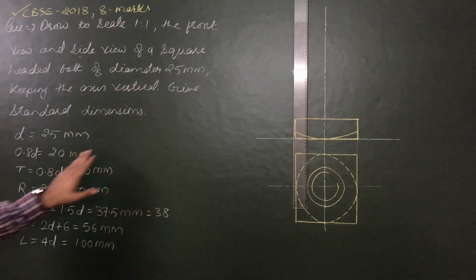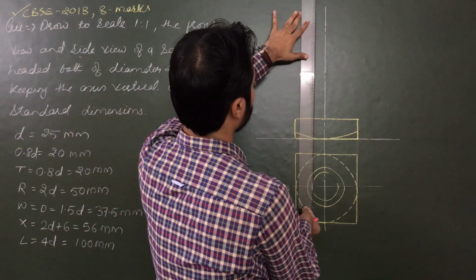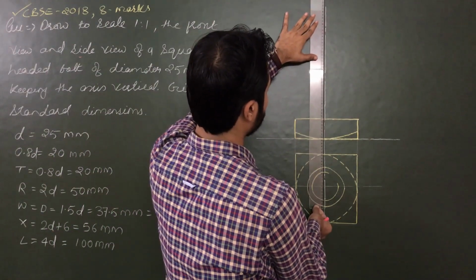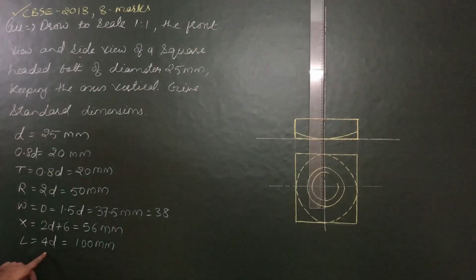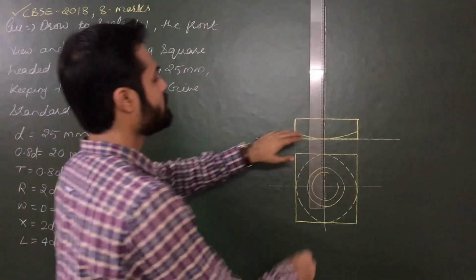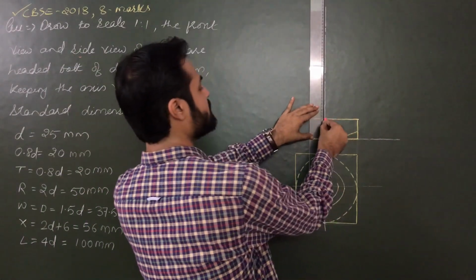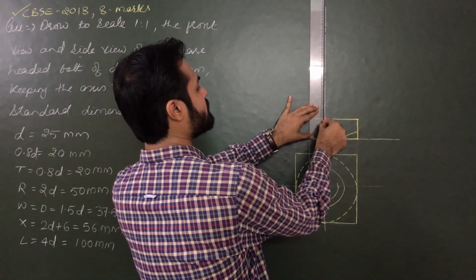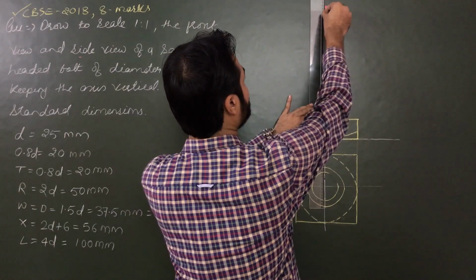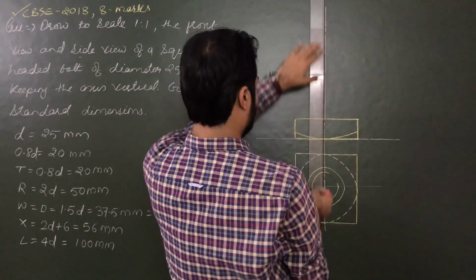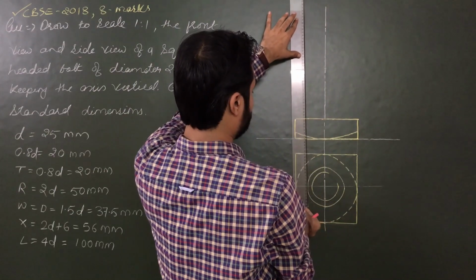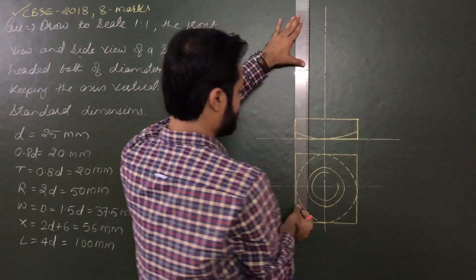So what to do? First of all, mark the extreme limit, or limit of the tail end, from this point. So from this point, the length is 4d, 100 mm. So we have to mark a length of 100 mm from this point, after the thickness. This length is 100 mm. And please sketch these two limits.